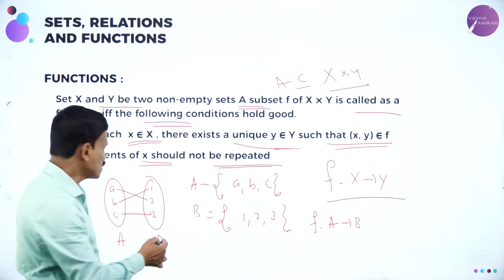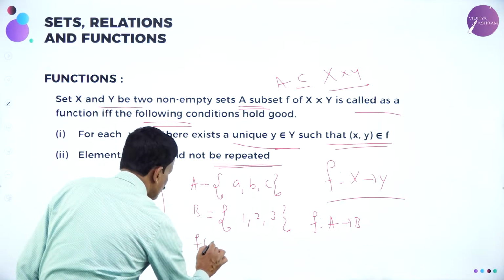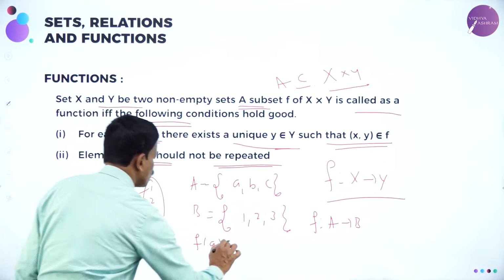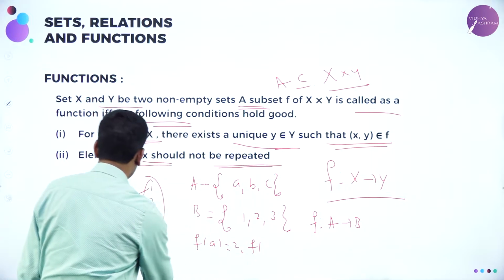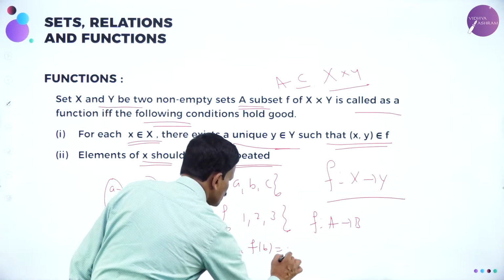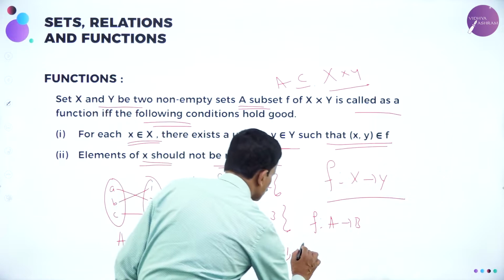Now let us write the elements: f(a) is equal to 2, f(b) is equal to 1 and f(c) is equal to 3.